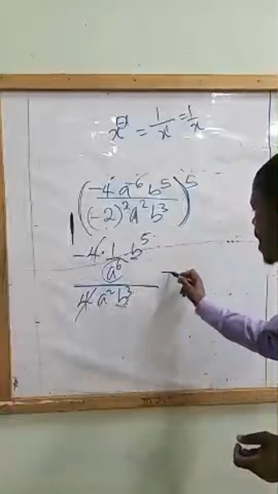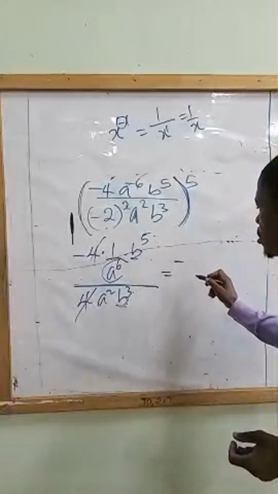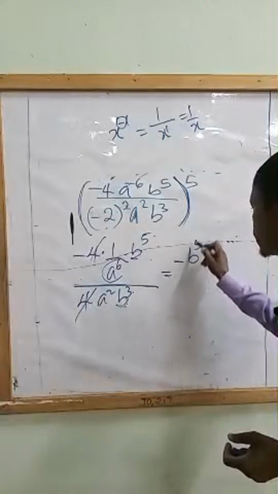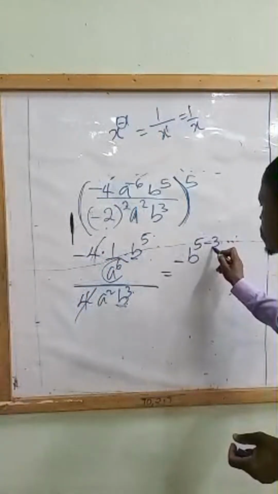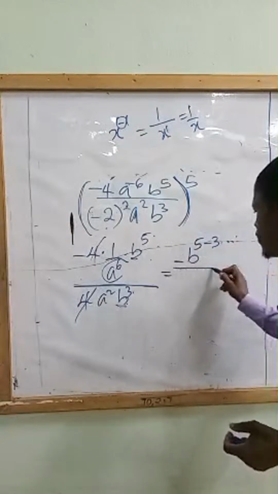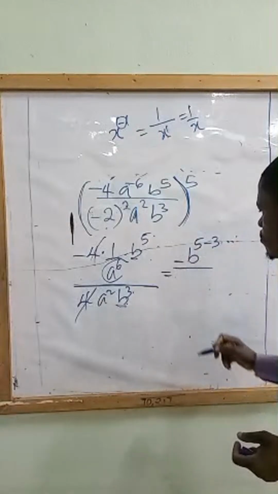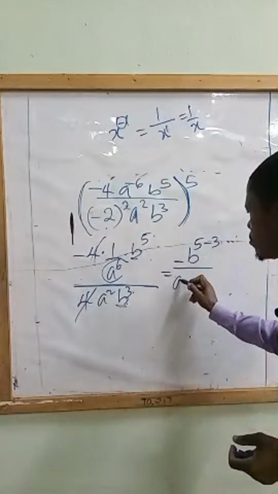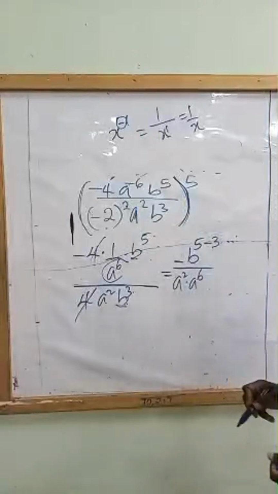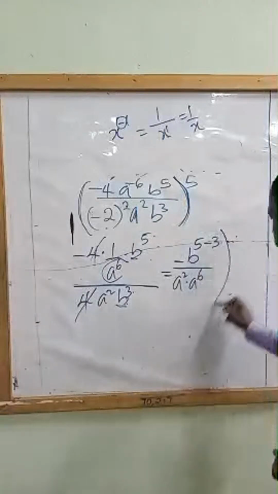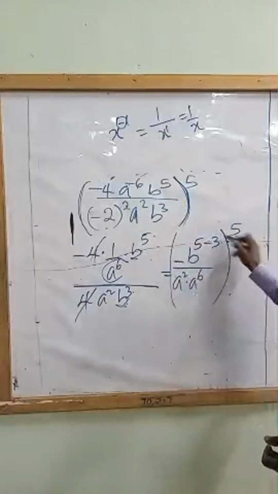So we're going to have now minus b to the power 5 minus 3 over a squared times a to the power 6. Okay, then don't forget the exponents.